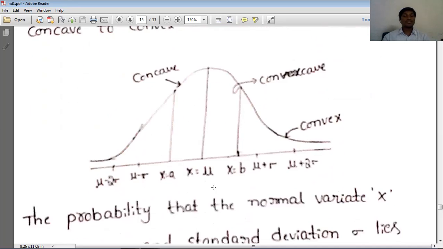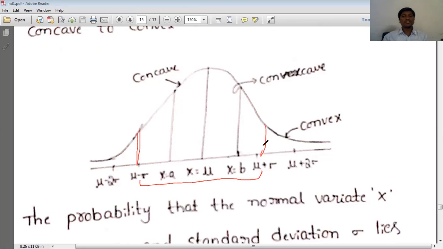Here this part is concave, and as we increase the range the curve extends. At x equal to mu, and at the points x equal to a and x equal to b, next to mu minus sigma and mu plus sigma, then mu minus 2 sigma and mu plus 2 sigma. If you observe mu minus sigma to mu plus sigma, the curve lies up to here.